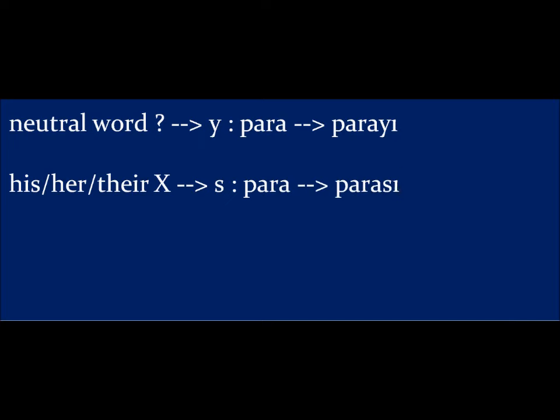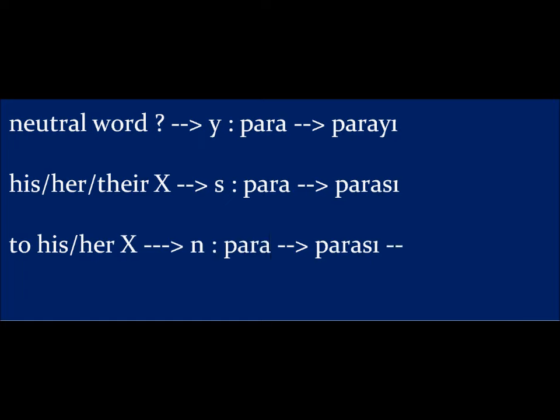And let's say that to his, her, x, it's going to be n this time. So for example, para first becomes parası, his money, and then we add the dative. Parası n, let me underline it, parası, and then we go with a, the dative form.